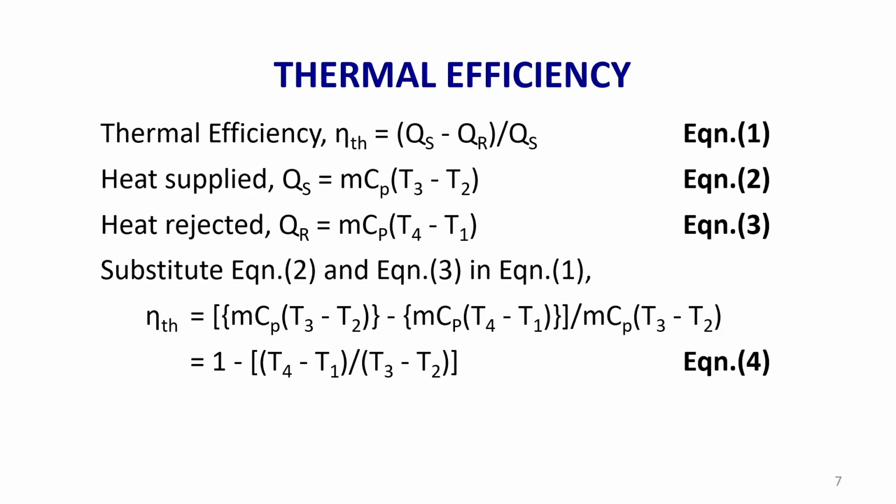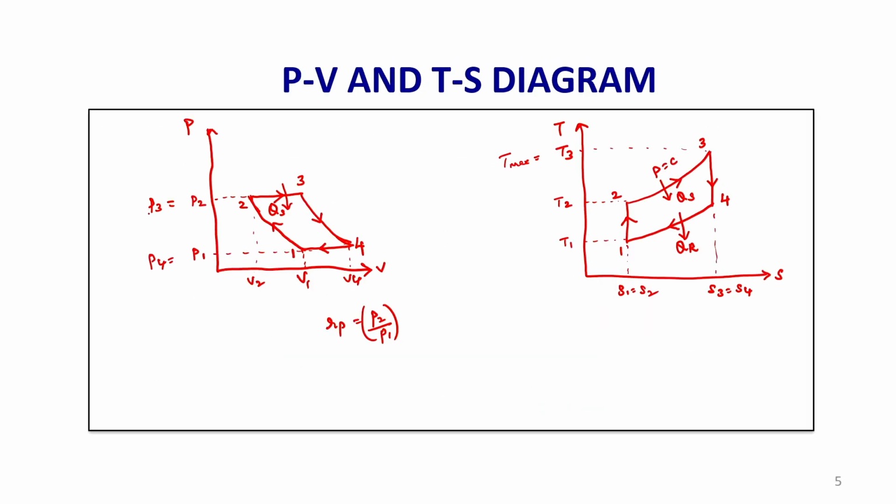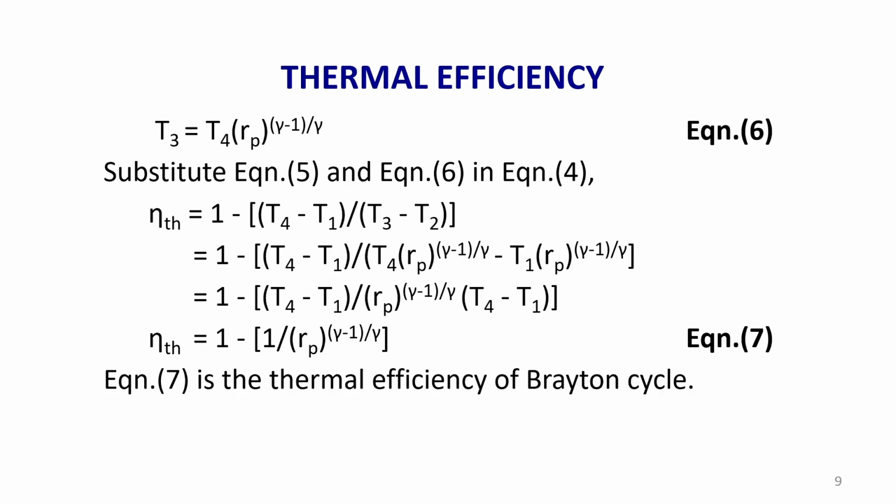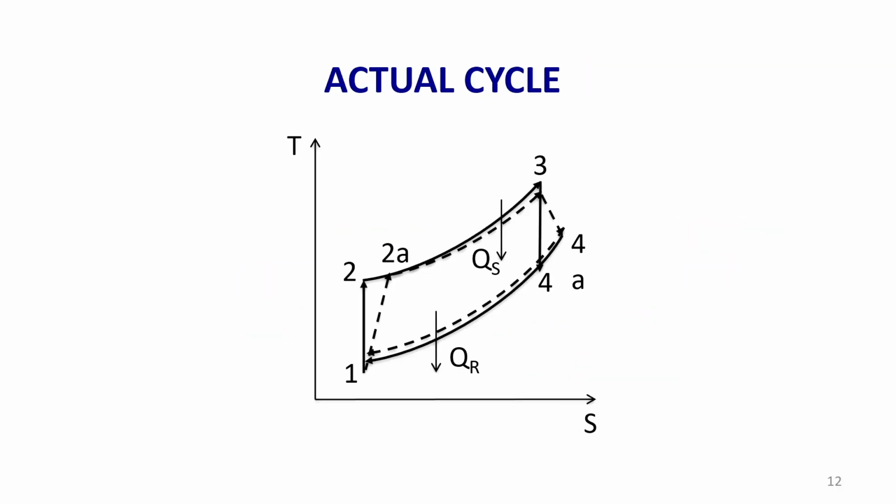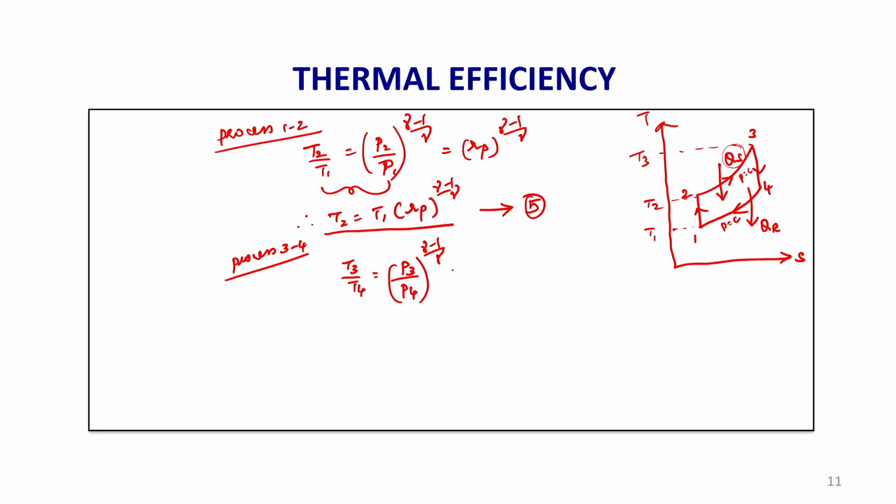If you look at this diagram, P3 is equal to P2 and P4 is equal to P1, because 2 to 3 and 4 to 1 are constant pressure processes. And the ratio P2 by P1 is nothing but the pressure ratio Rp.